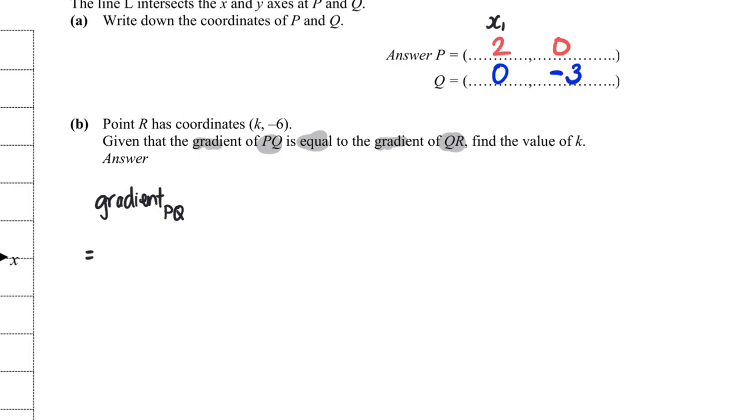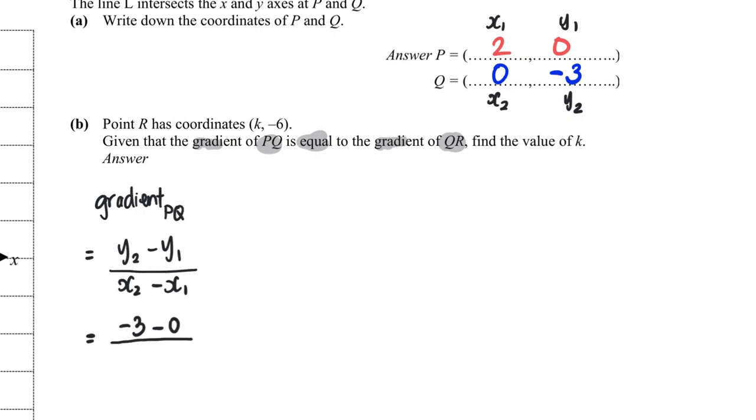It will be my x1, y1, x2, y2, so that I will have y2 minus y1. I substitute the values in neatly. -3 minus 0 over 0 minus 2, and the gradient will be 3 over 2.